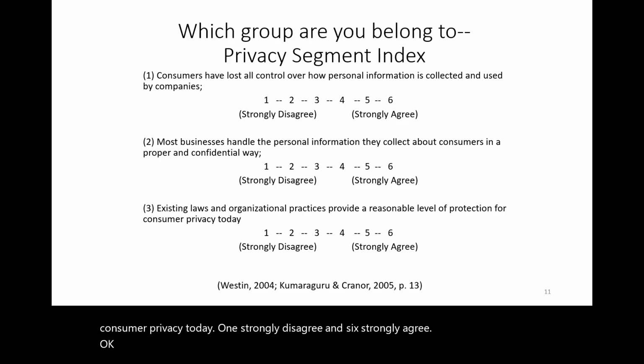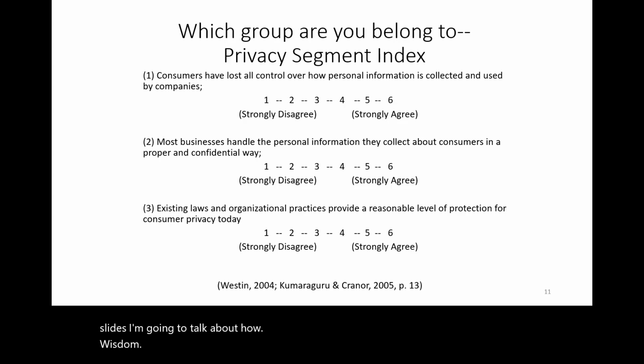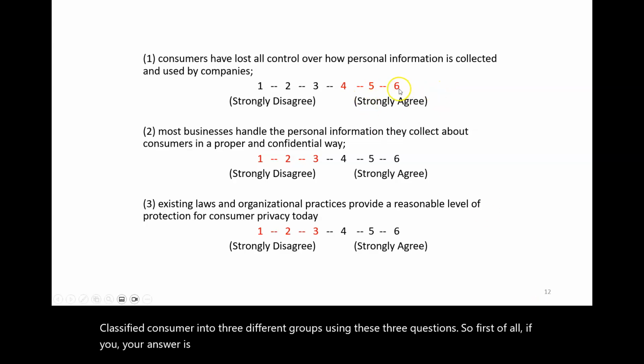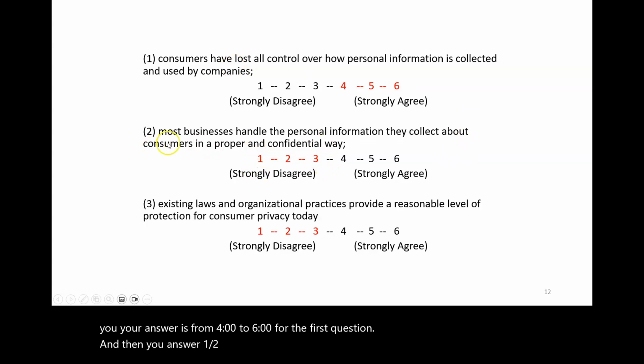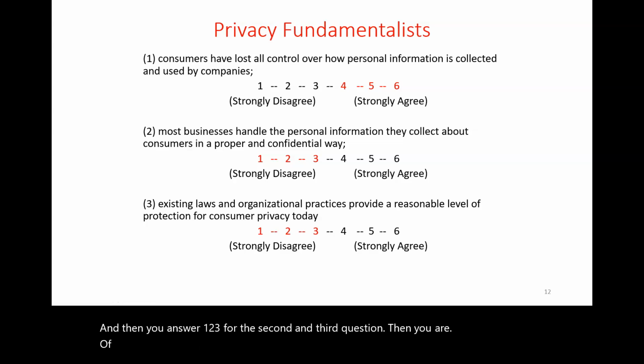Okay, so I hope you have written down your answers to these 3 questions. In the following slides, I'm going to talk about how Westin classified the consumers into 3 different groups using these 3 questions. So, first of all, if your answer is from 4 to 6 for the first question, and you answer 1 to 3 for the second and third question, then you are a privacy fundamentalist.